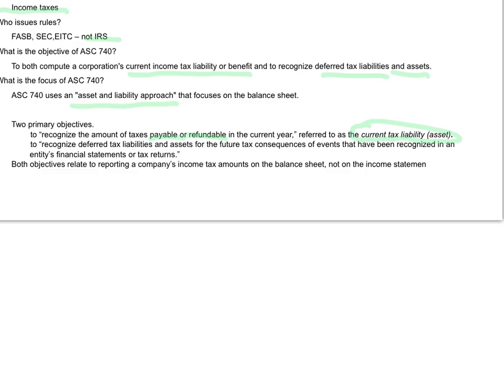Then we also have to recognize deferred tax liabilities and assets for future tax consequences. Both of these objectives relate to reporting a company's income tax amounts on their balance sheet, again, on the balance sheet, not on the income statement. There should be a T there. Apologize for that.